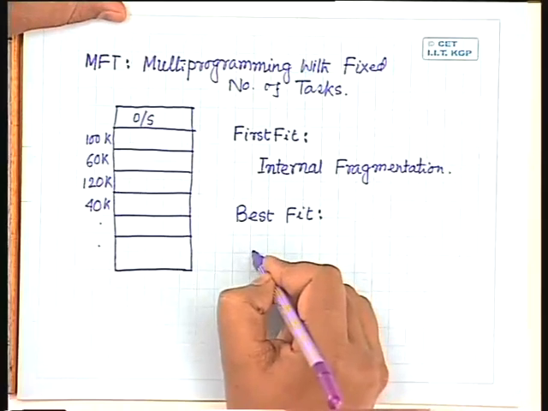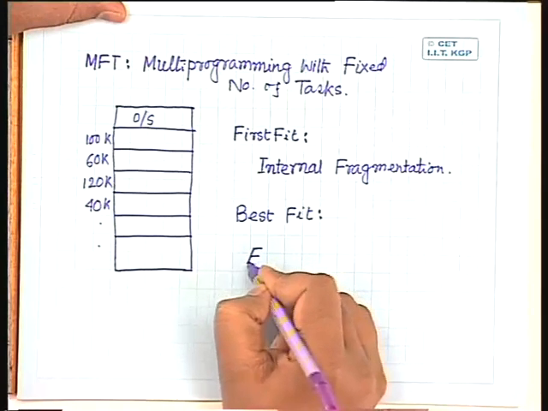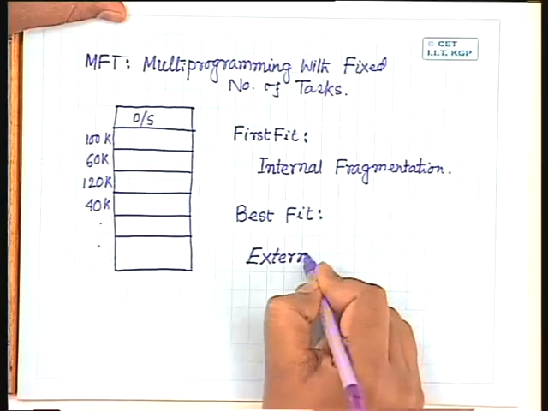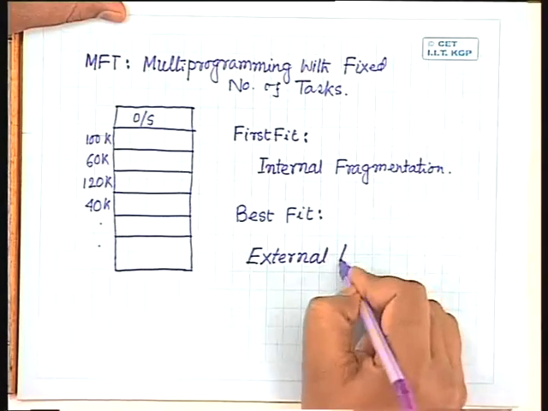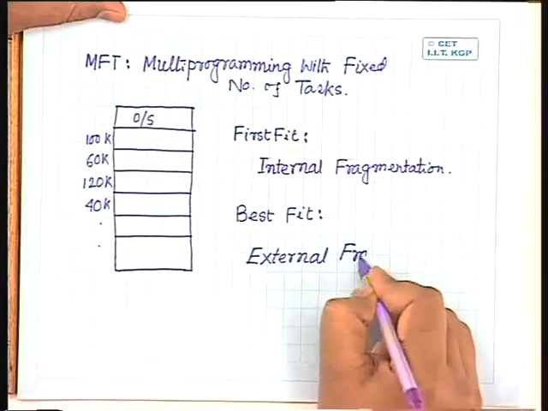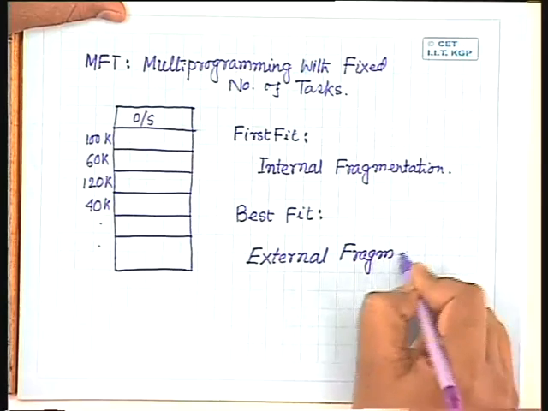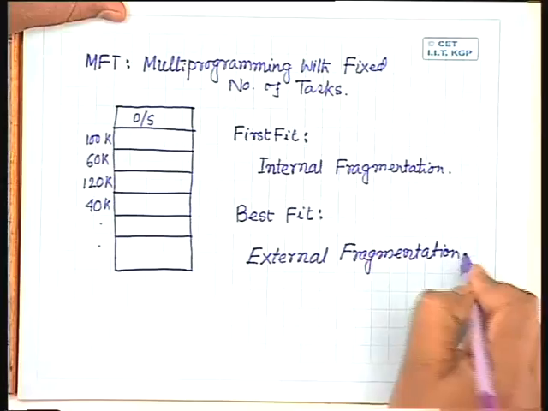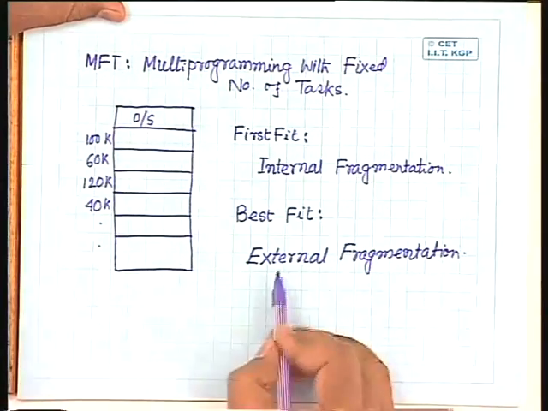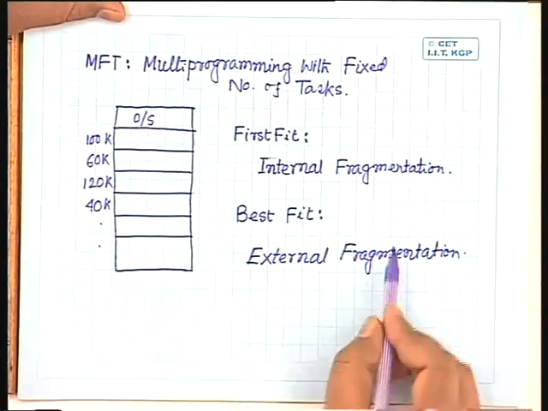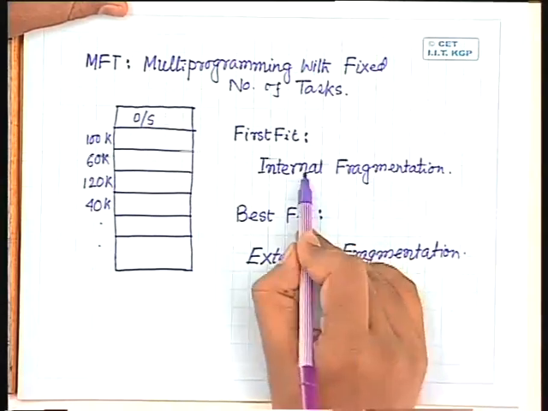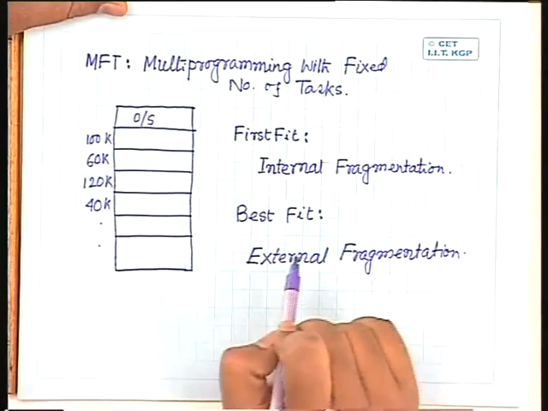There is another kind of fragmentation which is called external fragmentation. Both fragmentations are memory wastage. In case of internal fragmentation, it is the memory wasted within a partition.